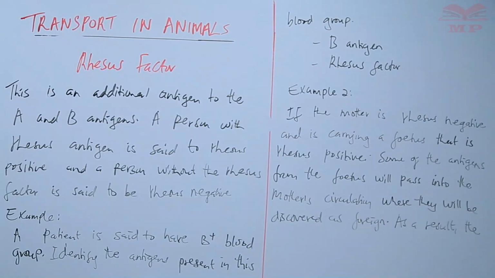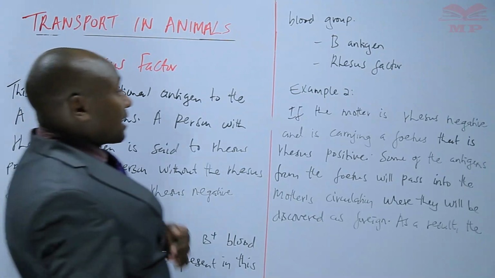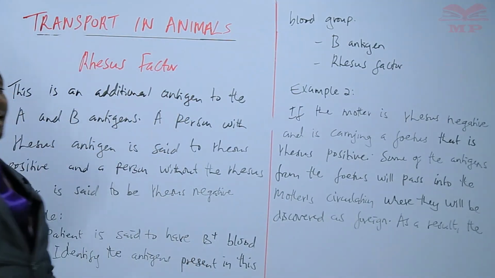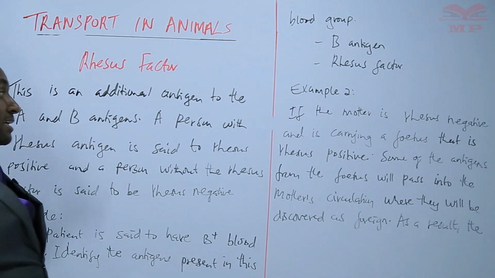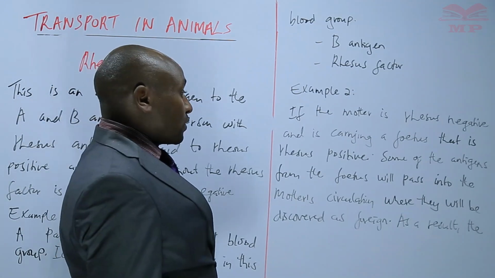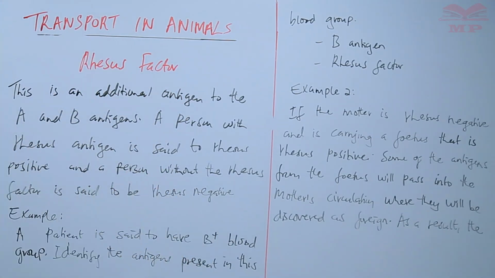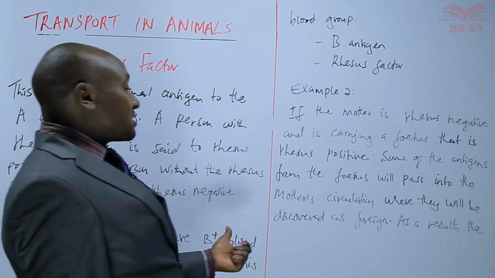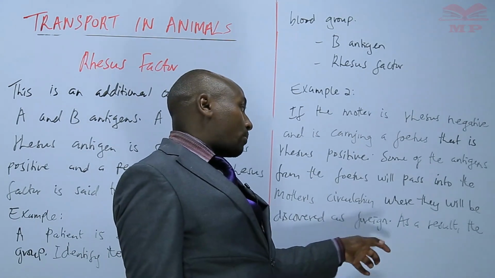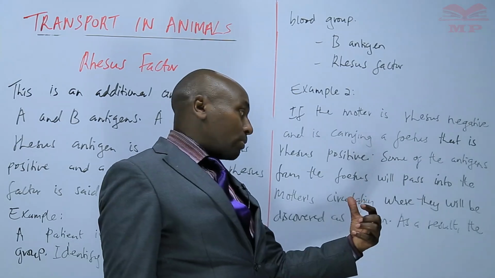Another example is that of a mother who is Rhesus negative and is carrying a fetus that is Rhesus positive. So some of the antigens from the fetus will pass into the mother's circulation where they will be discovered as foreign, because the mother doesn't have the positive.